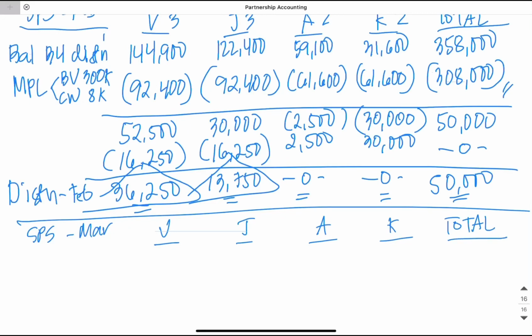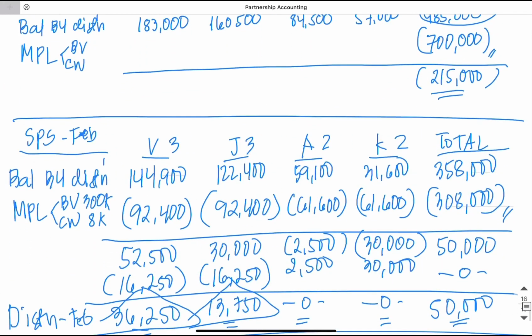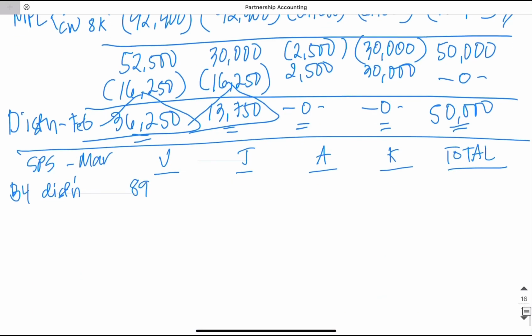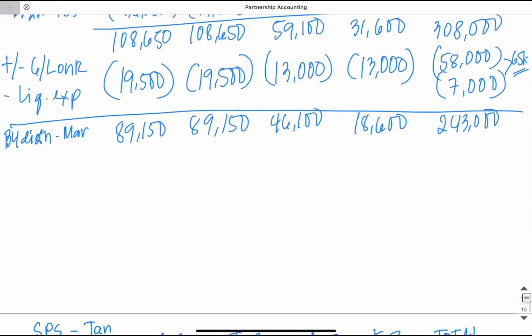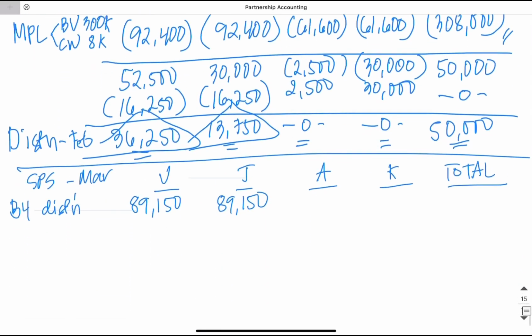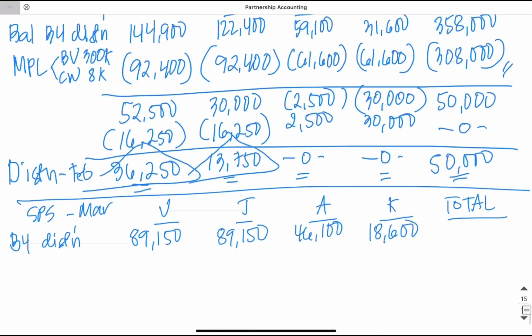Balance before distribution: we have 89,150 for Vince and James, then for Albert 46,100, and Kath 18,600. And then the total is 243,000.